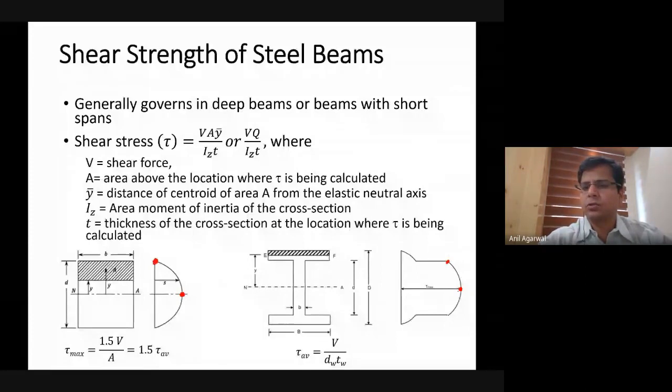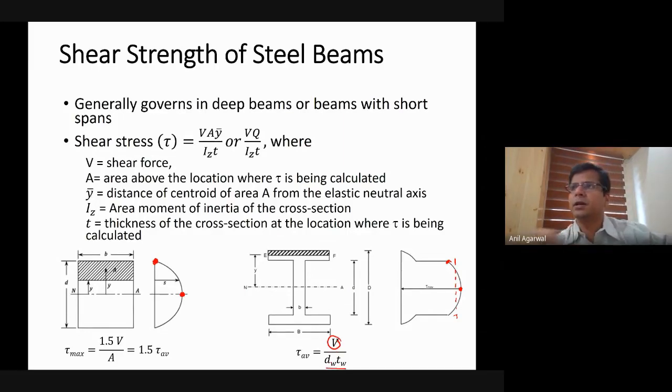So what we usually do is we take the average shear stress value: we divide the total shear force by the cross section area of the web, and as a result we get the average tau value, and that we compare against the yield stress. Okay, that is the capacity of the cross section.